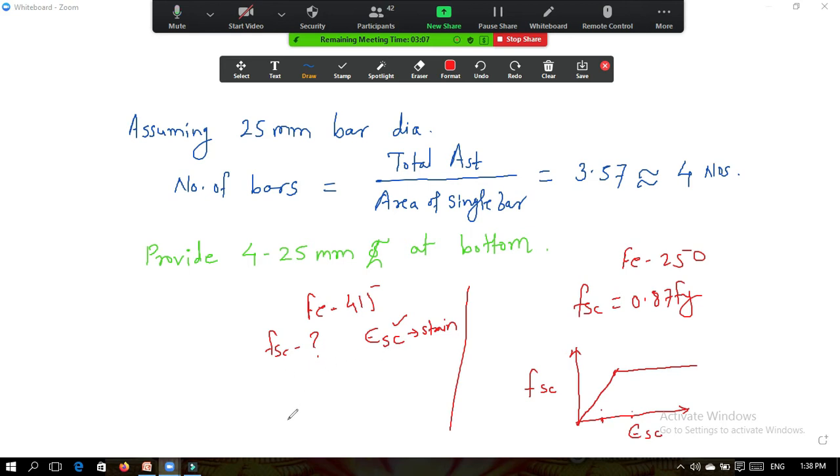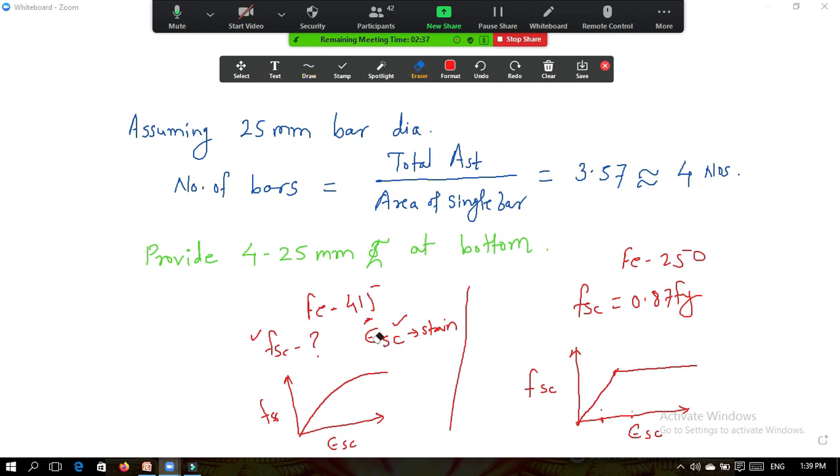After that, using the table we calculate the value of Fsc. Why is it like this? Because if you see the graph for Fe415, epsilon Sc versus Fsc, it is not straight. For every point the value is changing continuously, so we are not directly getting this value.